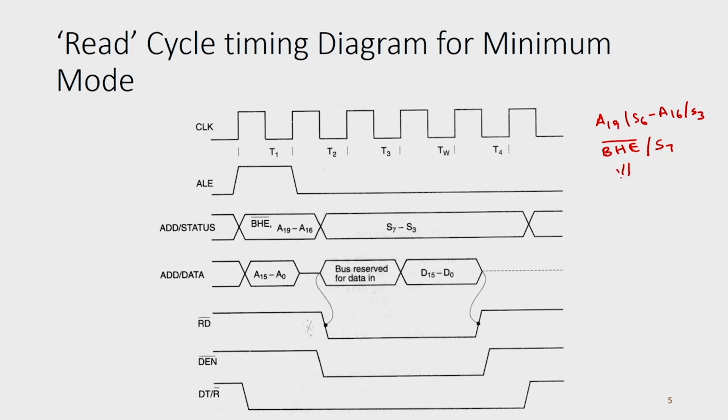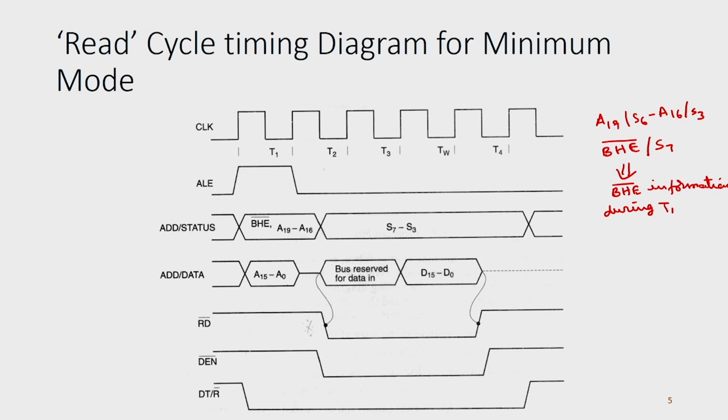So, this will carry BHE bar information during T1 and, in subsequent clock cycles, S7. Here also, in subsequent clock cycles, S6 to S3, which we have already discussed. So, in subsequent clock cycles, S7 to S3. Here, this address bus will be latched, as you have already discussed.